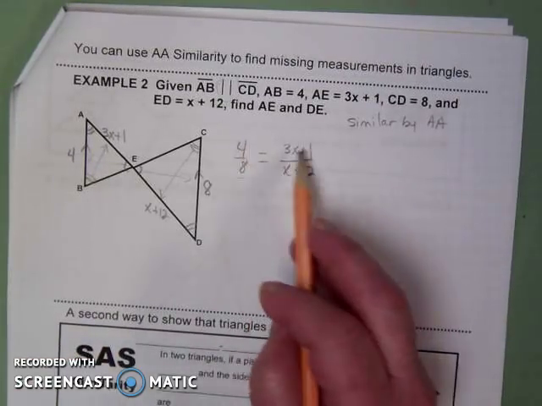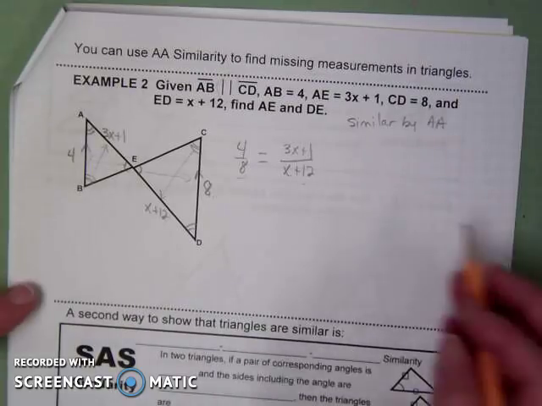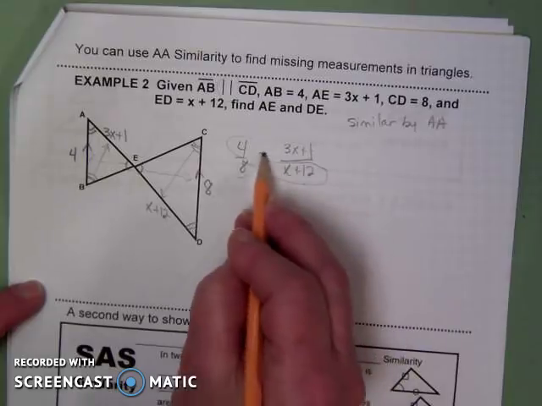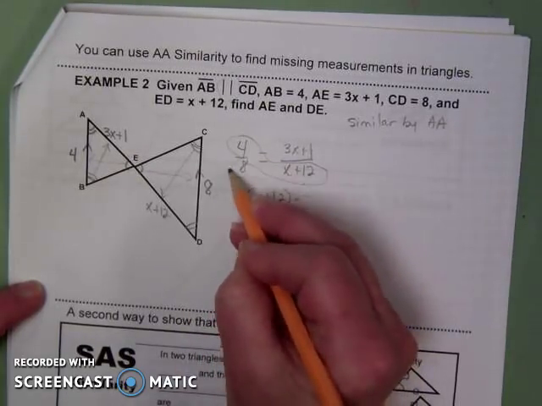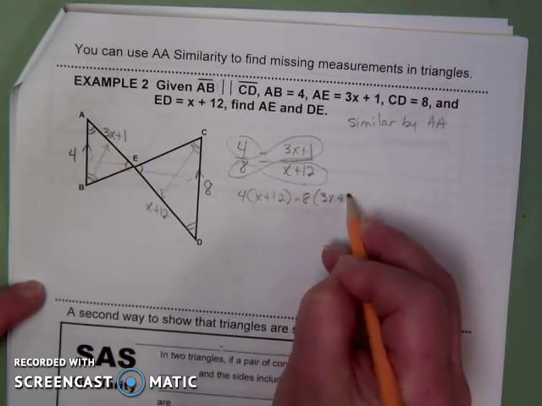So those need to be on top, and these both need to be on the bottom. Now we solve for x by doing our cross multiplication. So 4 times x plus 12 equals 8 times 3x plus 1.